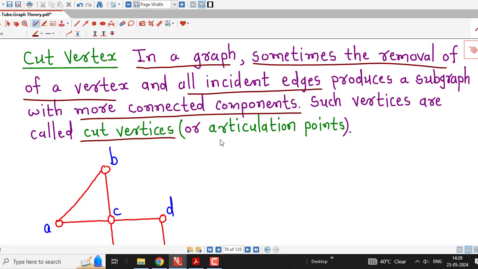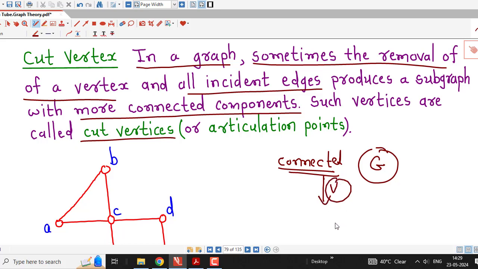This is the general definition. If our graph is a connected graph, then it has only one connected component, that is the graph itself. And after removing some vertex, if the graph becomes disconnected, that means the graph has two components. So in that case also V is a cut vertex.